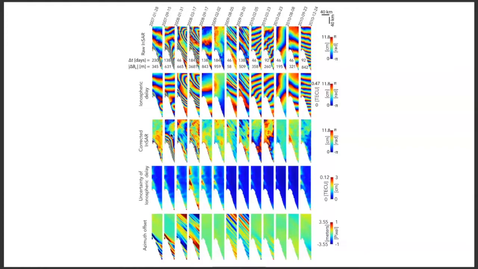But as you can see, there is a little bit of leakage into dates before and after, but this is way better than you see all these interferograms impacted by ionosphere. And you can also see that there are certain dates when the ionosphere is active and certain dates when the ionosphere isn't.